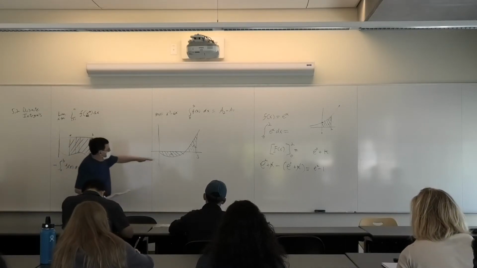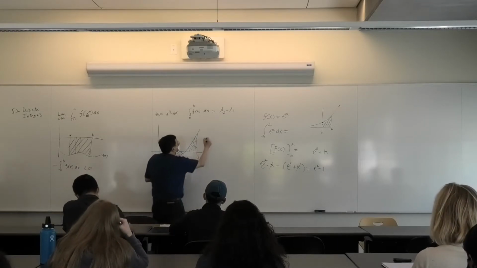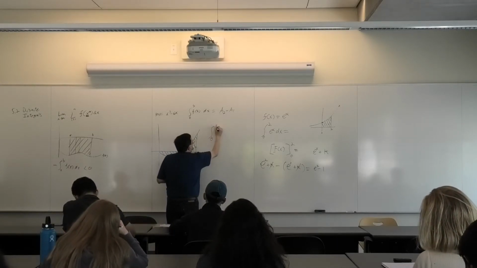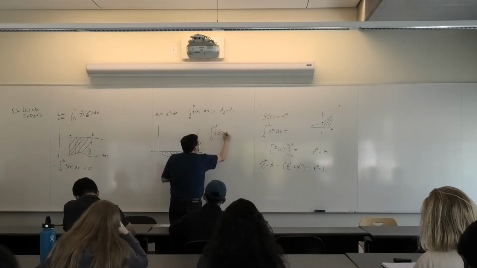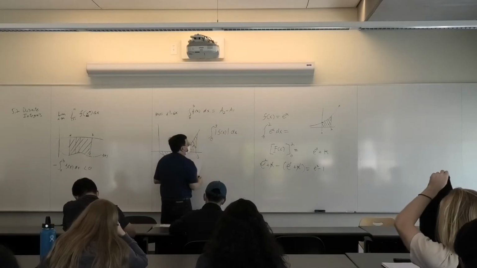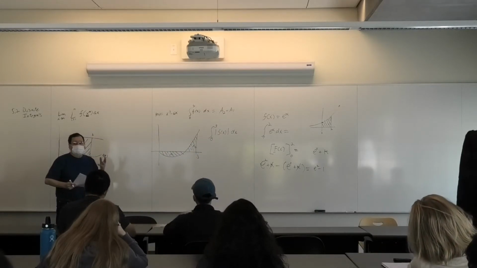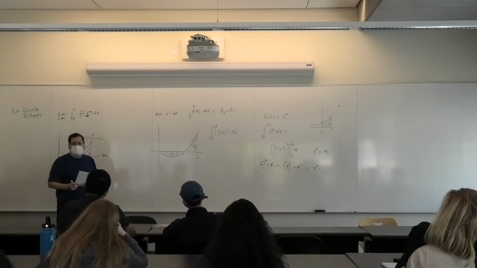If we wanted the sum of these as positive areas, we want to rewrite it this way, asking for the absolute value of f of x. In which case we need to work a little harder to evaluate it.